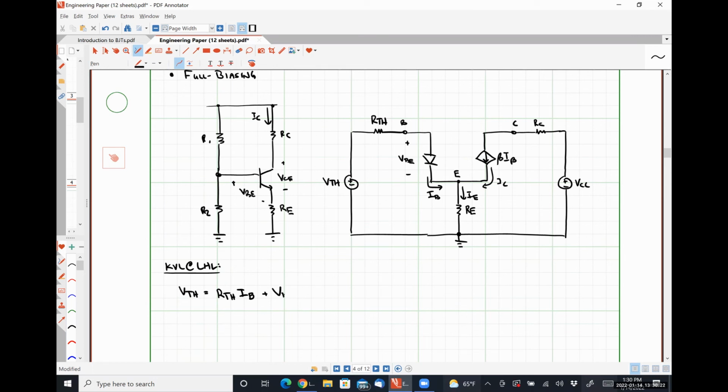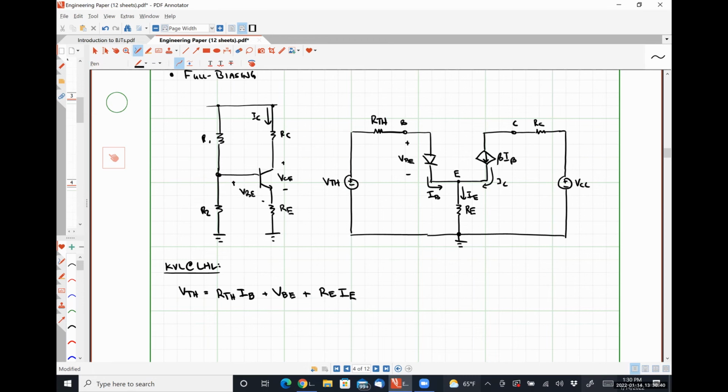Then we have the voltage drop over our base emitter diode. And then we have the voltage drop over our emitter resistor, RE, like so.